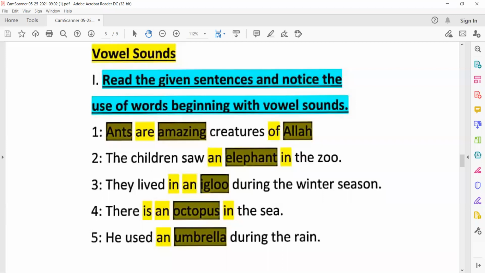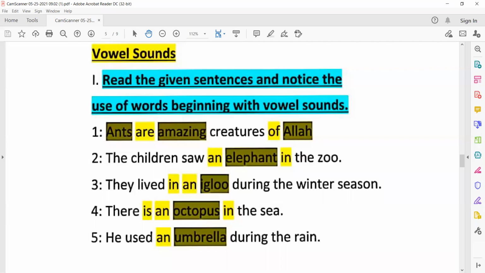Now look at the word used. Here in the word used, the first letter is U. That is a vowel, right? But it doesn't give us a vowel sound.